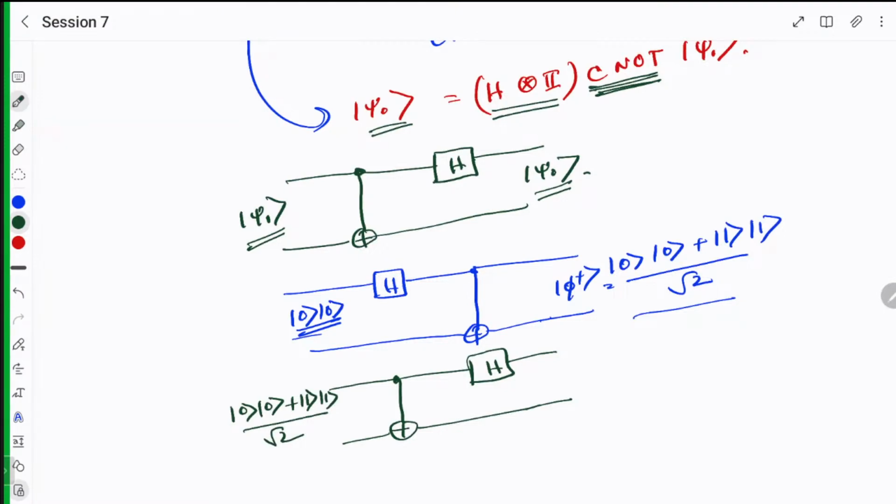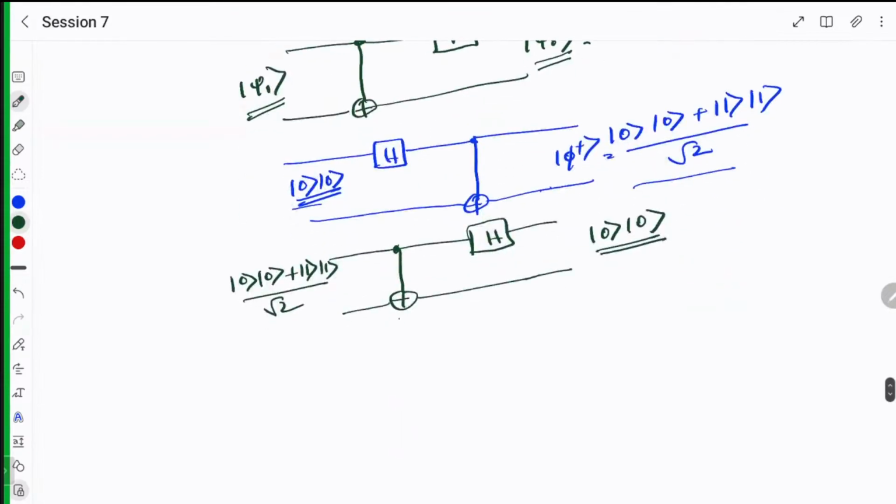That's why taking the dagger does not change anything, because for Hermitian matrices, M dagger and M are exactly the same. So in order to go from an entangled state to a separable state, you put the C naught first and then H tensor identity. Okay, is this part clear? Any questions in here?